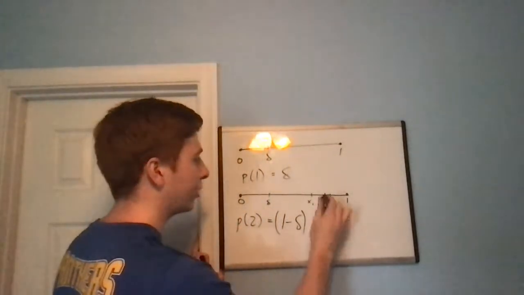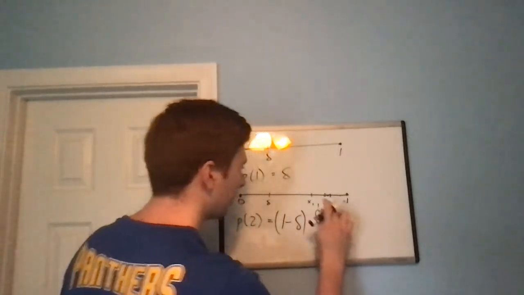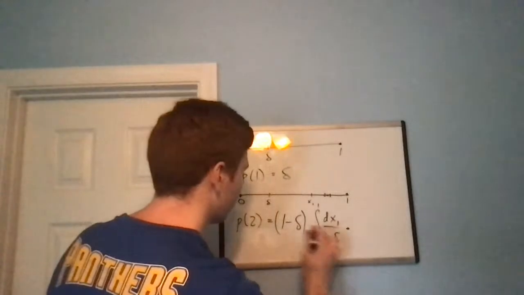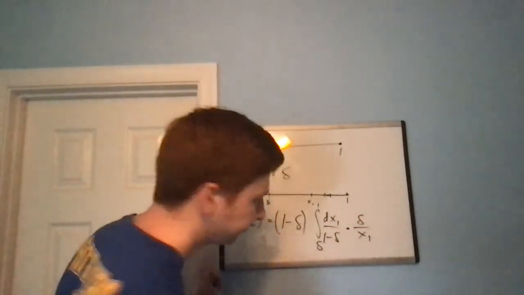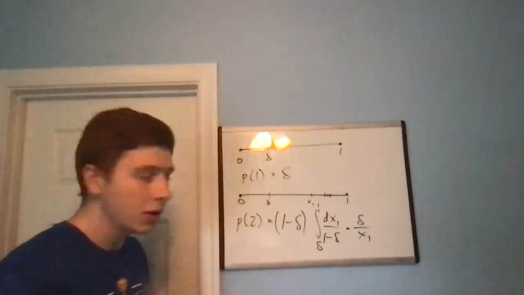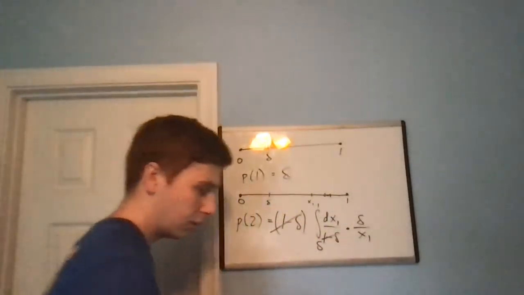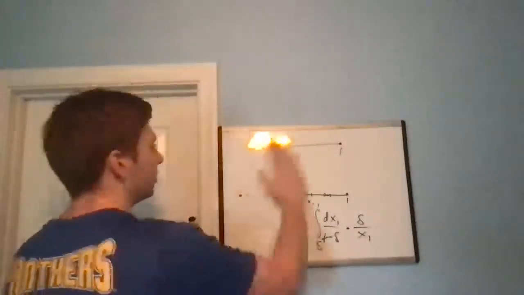So this is the probability that x1 lies in a very specific range. And then, given x1 lies in this infinitesimal range, the probability that x2 is less than delta is delta over x1. Then you can see the 1 minus deltas will cancel.